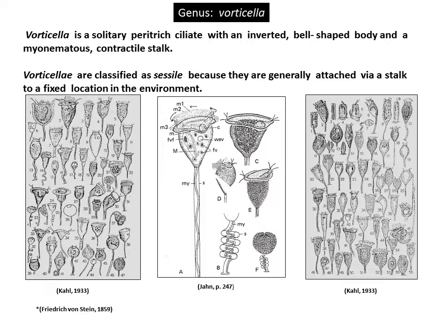Vorticellae are classified as sessile because they are generally attached via a stalk to a fixed location in the environment.